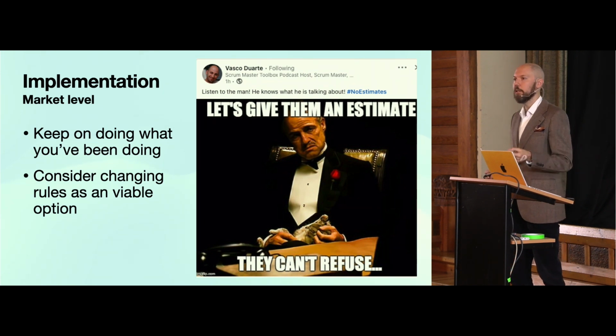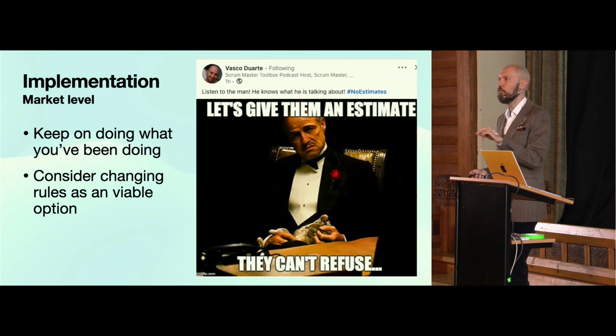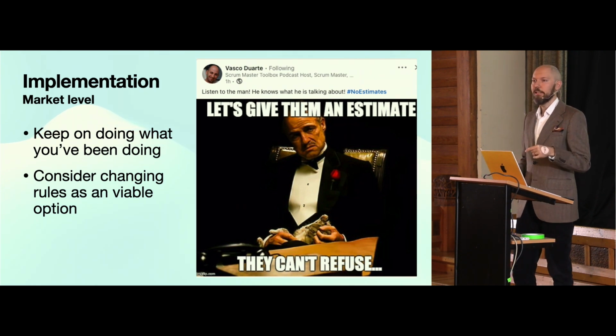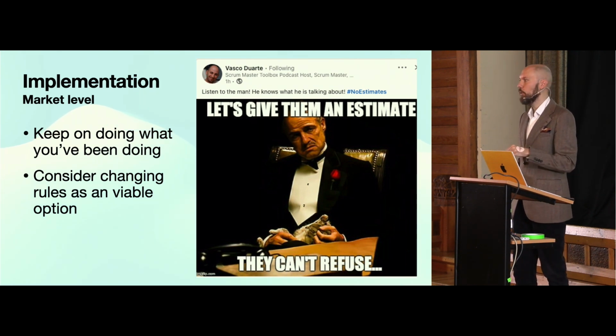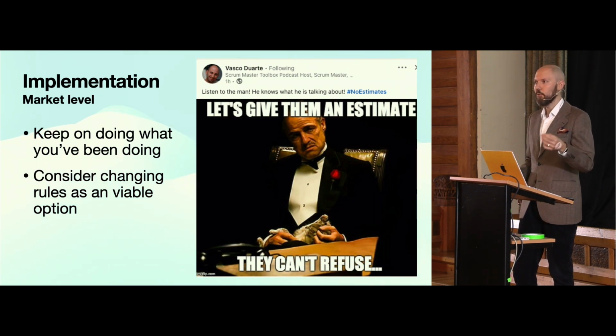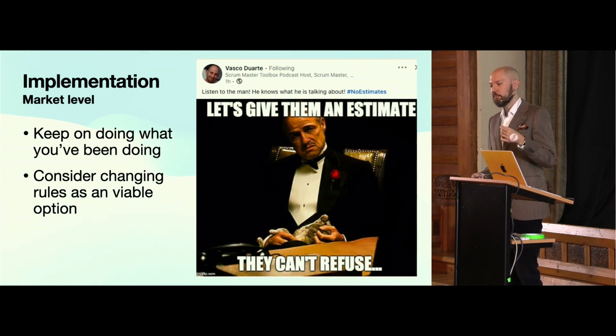And if you want to take a look at a rule change that already has happened, look no further than the original agile movement itself. People writing the agile manifesto weren't trying to get their offer accepted. They wanted to change the whole field. It's right there in the original text: "We are uncovering better ways of developing software."